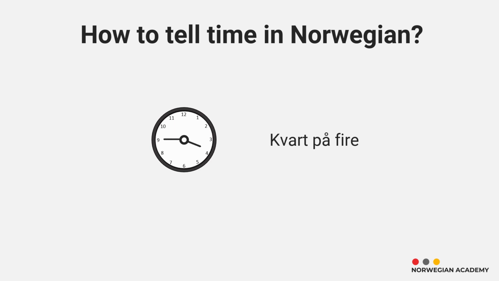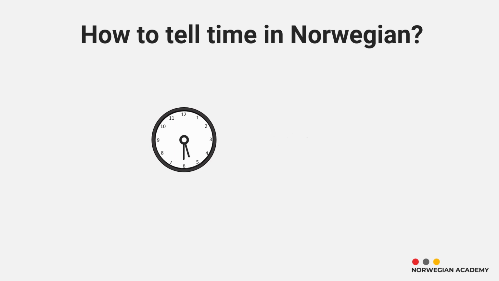Let's learn now how to say half past. Take a look at these examples. 4:30. 9:30. As you can see, in Norwegian, we don't really say half past, but we say half to.